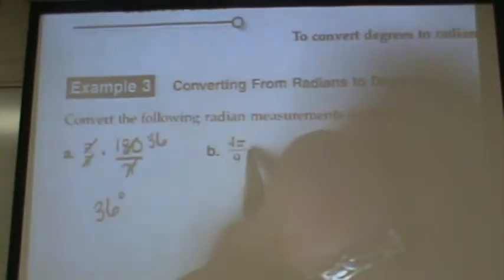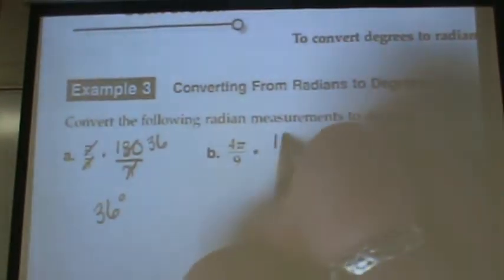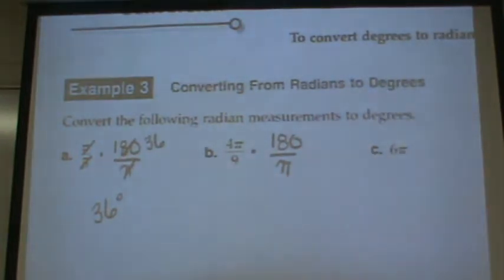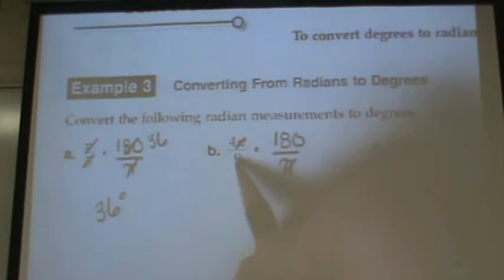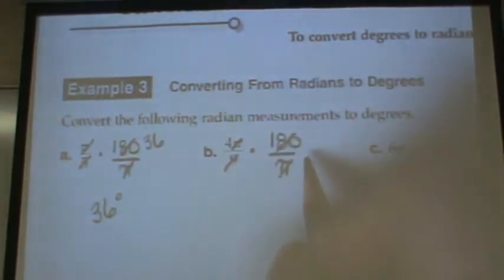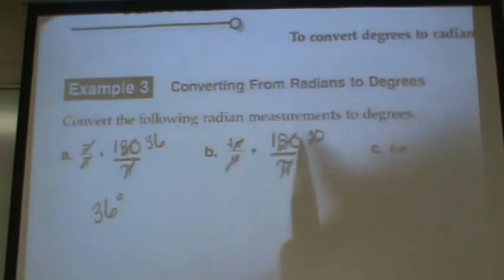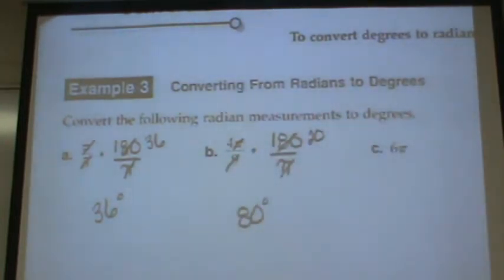And for B, again, we're going to multiply by 180 over pi. Divide both by 9 and cancel the pi. So 1 and then 20, so we have 4 times 20, 80. So you get an 80-degree angle.